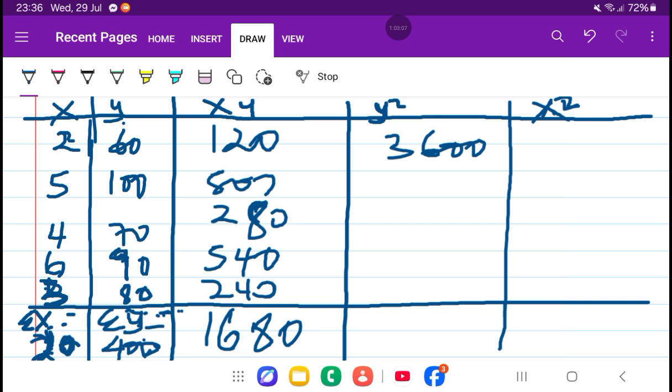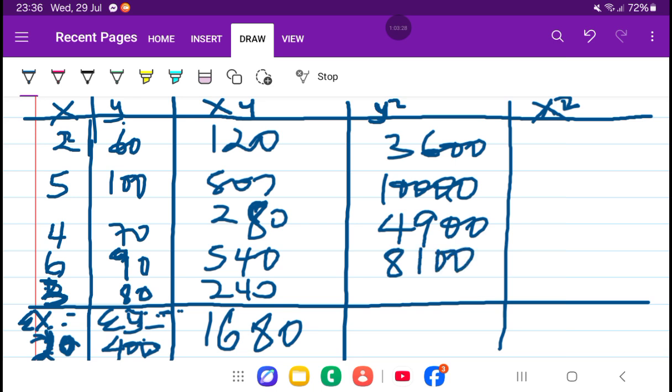Then 100 squared is 10,000. 70 squared is 4900. 90 squared is 8100. Then 80 squared is 6400. When you add those values for y squared, you'll be getting 33,000.